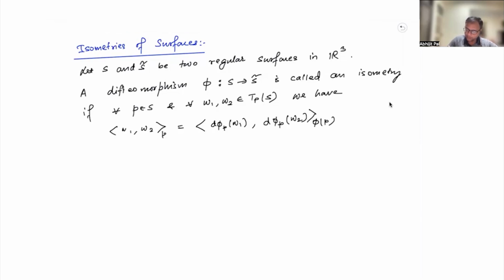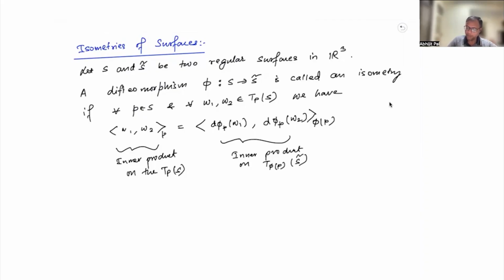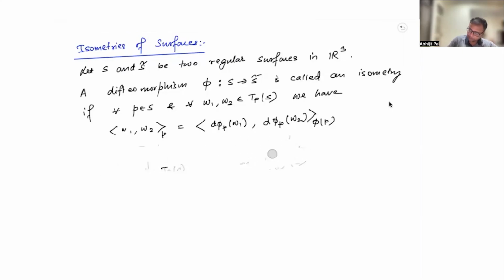Note that the first inner product is in the tangent space of S, and the second inner product is on the tangent space of S tilde at the point phi p. So this is the definition of isometry.